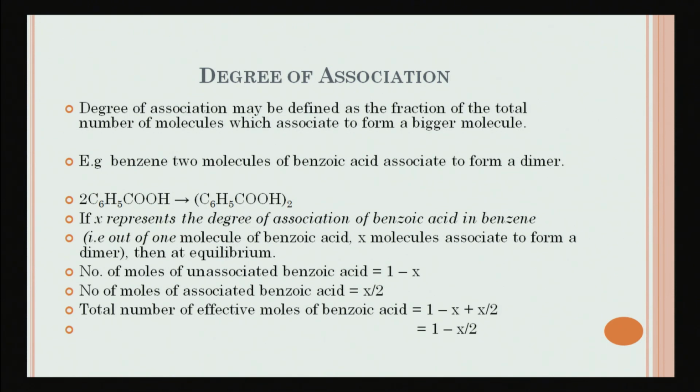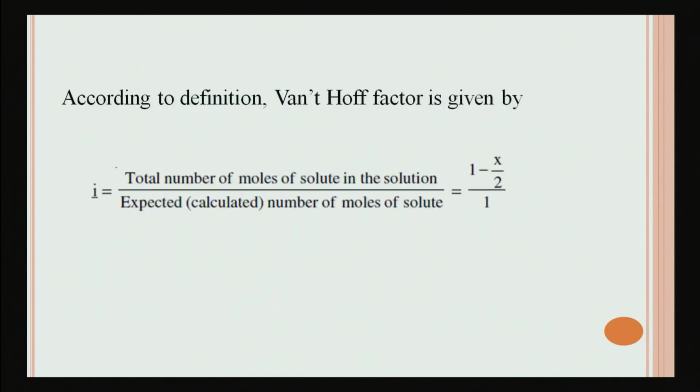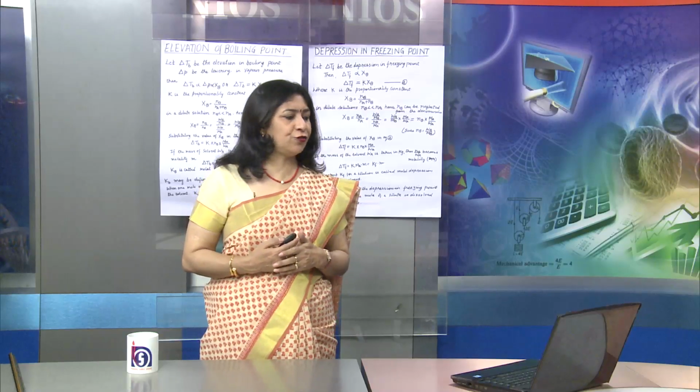So, according to the definition, the Van 't Hoff factor is given by i equal to the total number of moles of solute in the solution divided by the expected or calculated number of moles of solute, which is equal to (1 minus x by 2) upon 1.